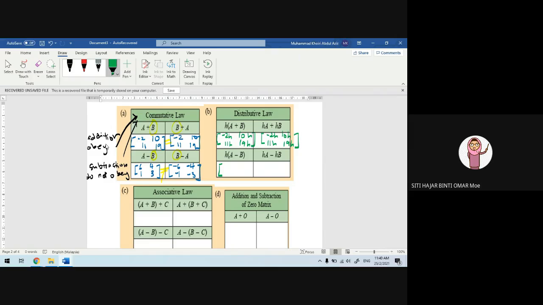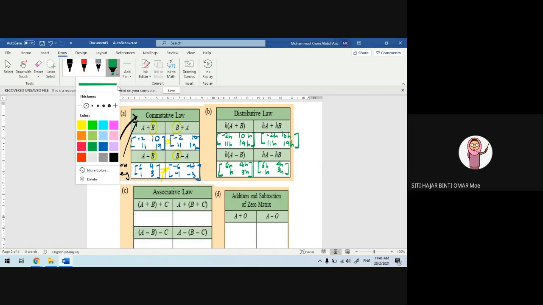For subtraction, okay, as you can see here, our answer shows that for addition, when we calculate the left hand side, the answer is the same.